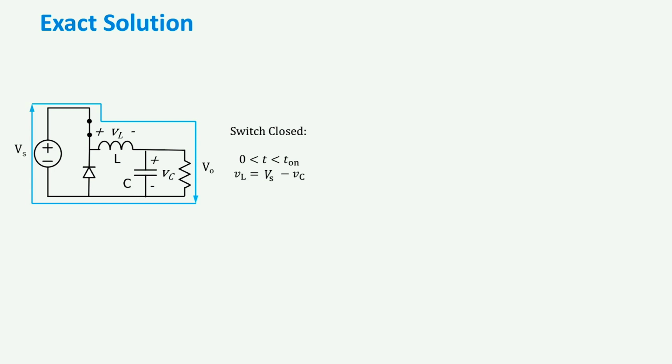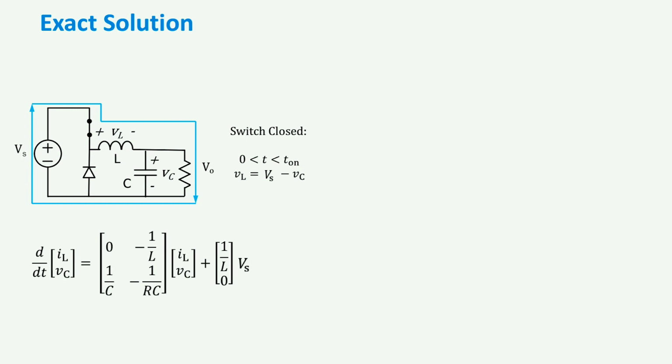Using circuit theory principles, we derive these differential equations for current and voltage. Note that previously we have analyzed circuits with only one energy storage element, either an inductor or a capacitor. In this circuit, we have both. The buck converter is a second order circuit.